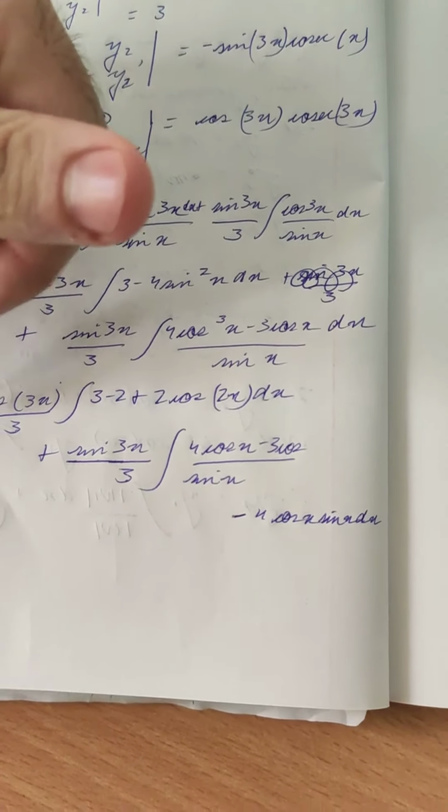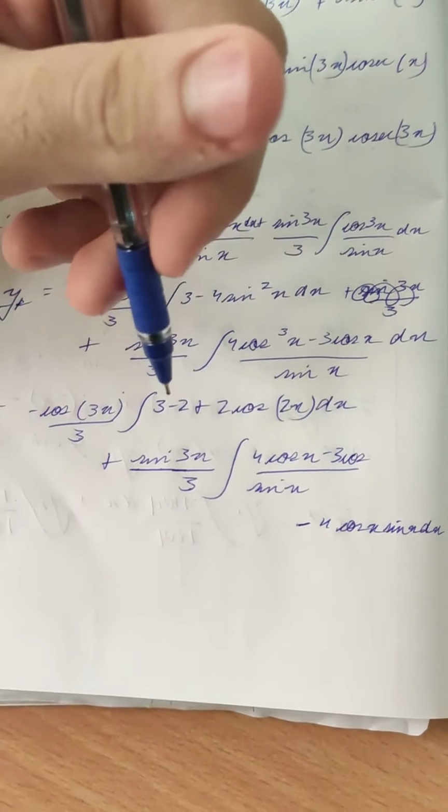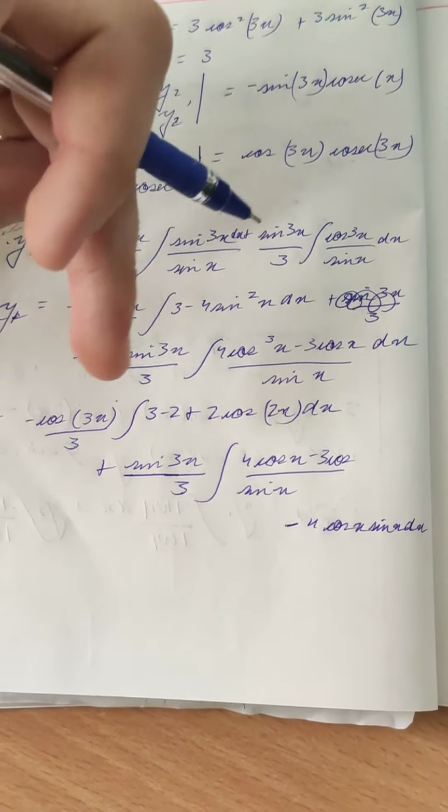So this is basically in 3 lines, these are nothing but the 3 terms of the previous equation only.